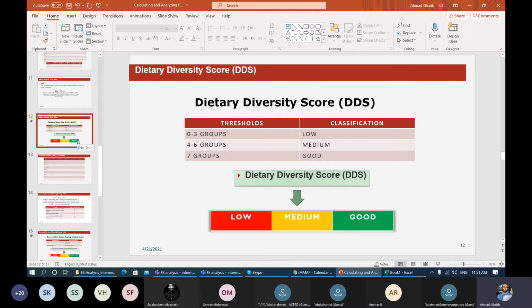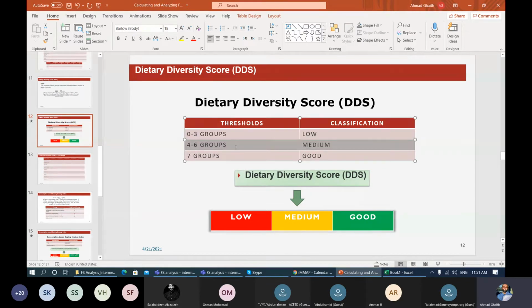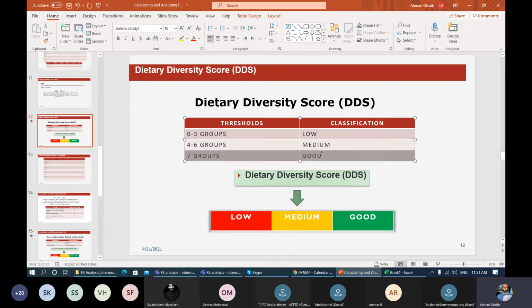And we also group people based on their consumption of different groups, with these cutoffs. From 0 to 3 groups, we say that the dietary diversity was low. For 4 to 6, we say that it's medium. For 7 groups, we say that it's high or good.